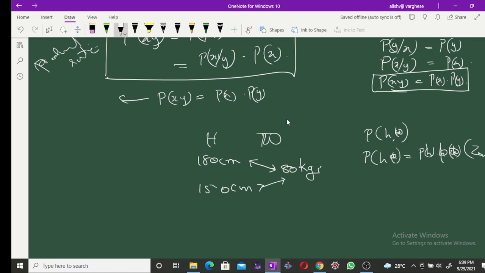So that's an obvious relationship. Anyway, the probability will change when the value of h is specified.